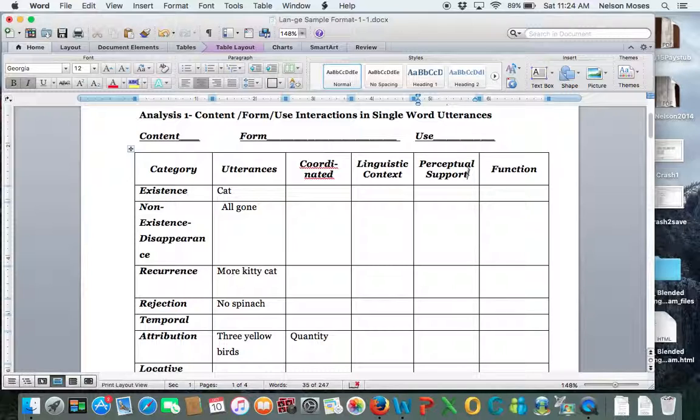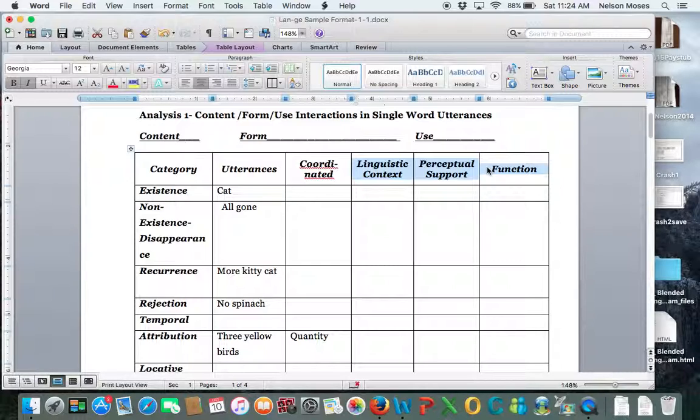And function is the reason for talking. What's the purpose of the kid's comment? To comment, to label, to respond to a request, to pretend? We are not going to focus on that in today's lecture. I will come back to that a little later in the term.